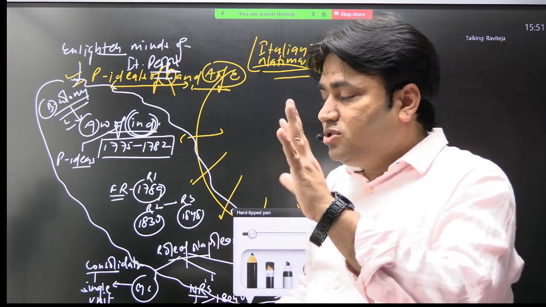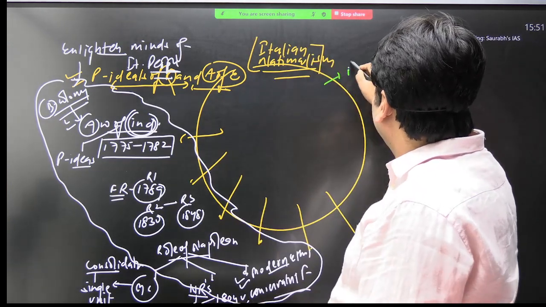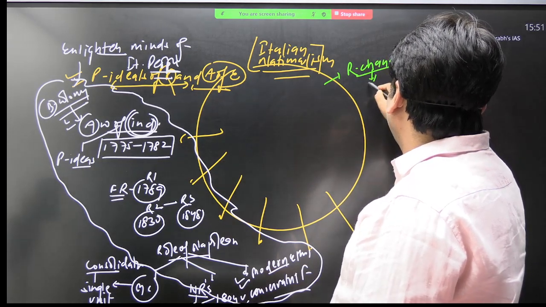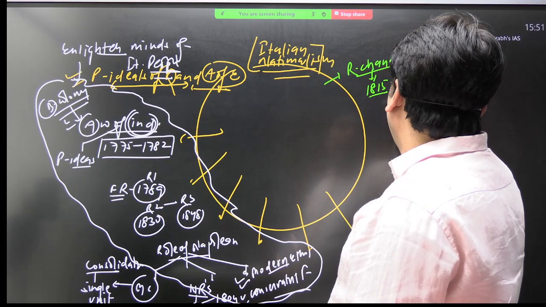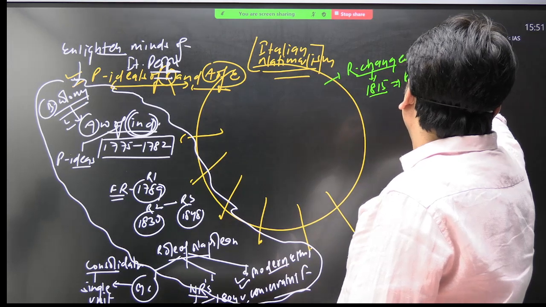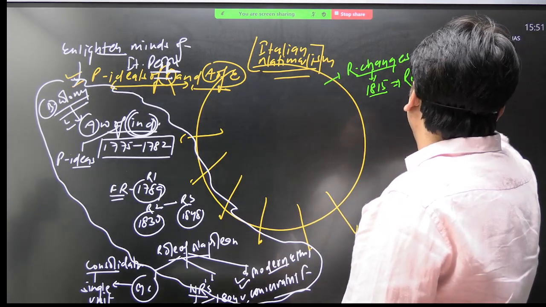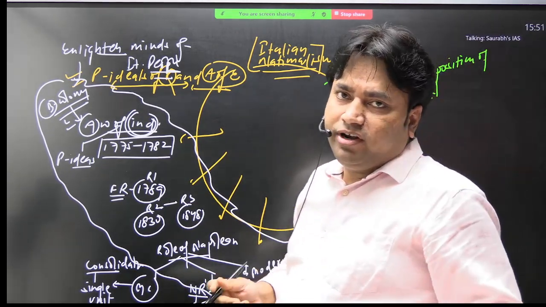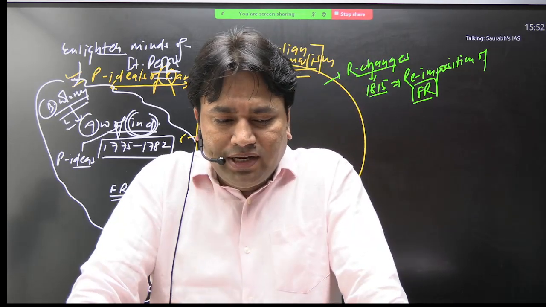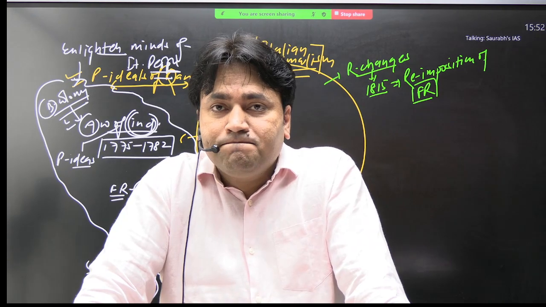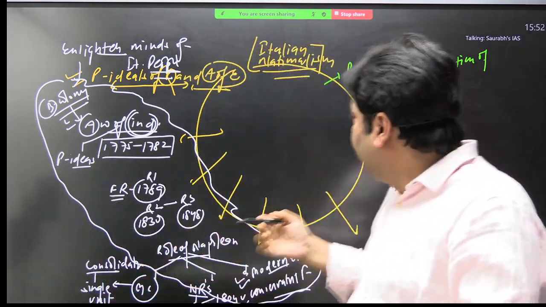So that is also an important point: regressive changes that were introduced in 1815 and reimposition of foreign rule. Foreign powers became dominant also.